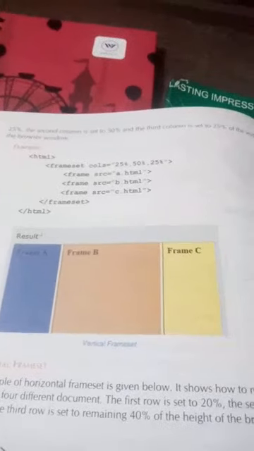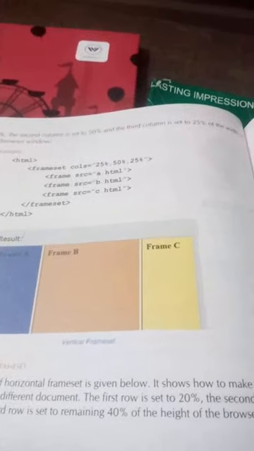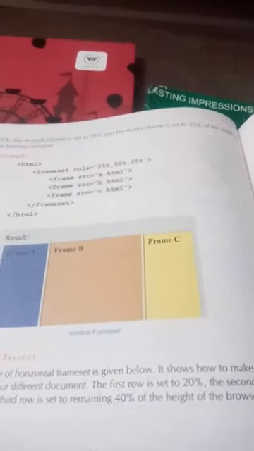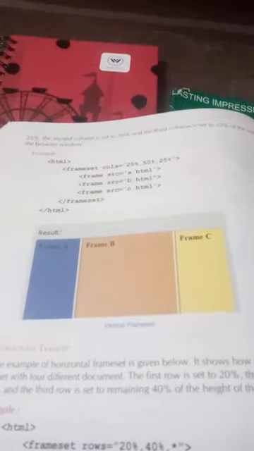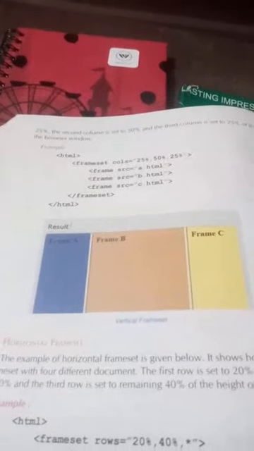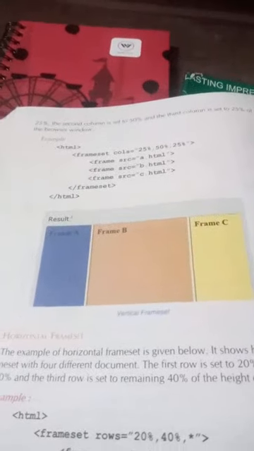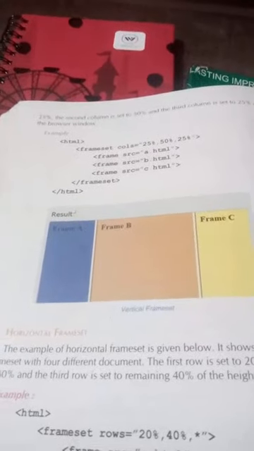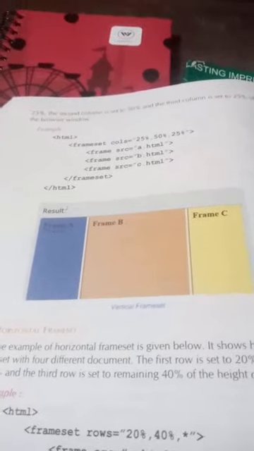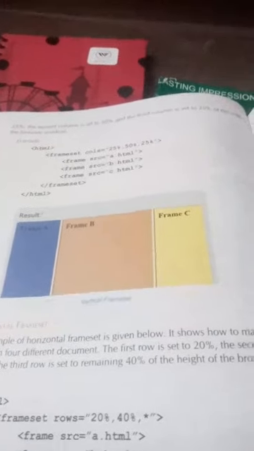The first column is set to 25%, the second column is set to 50%, and the rest is 25%. So we have 100% of the web page, and we need to divide it into three parts. We divide in percentage: 25%, 50%, and the rest is 25%.